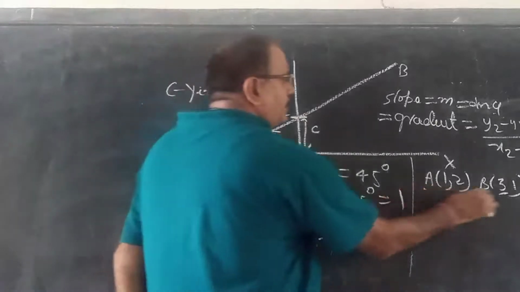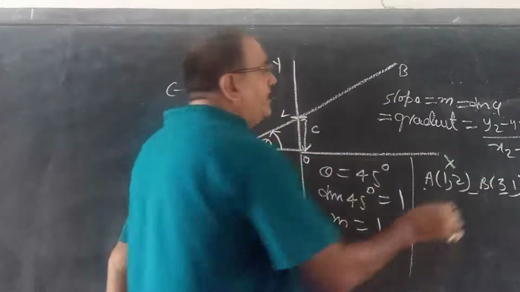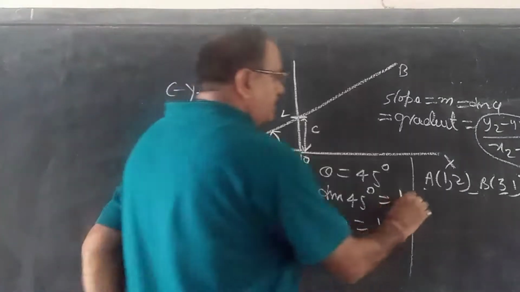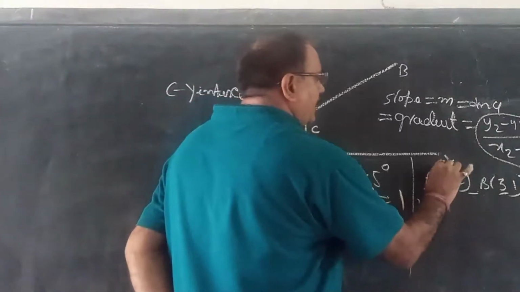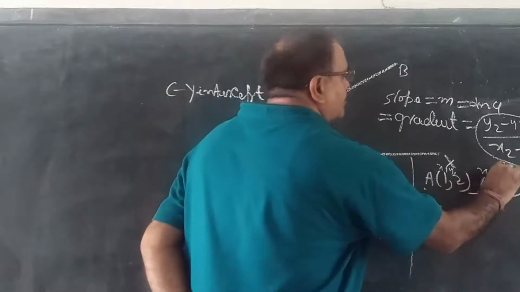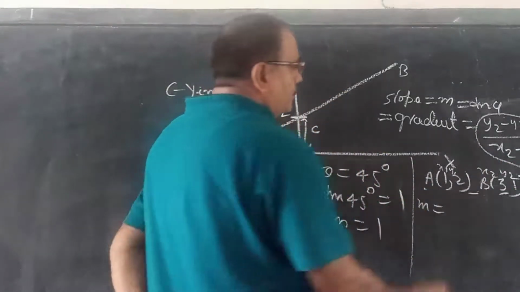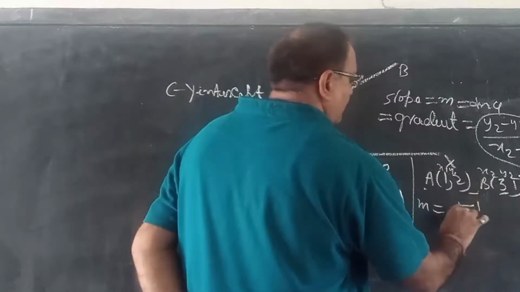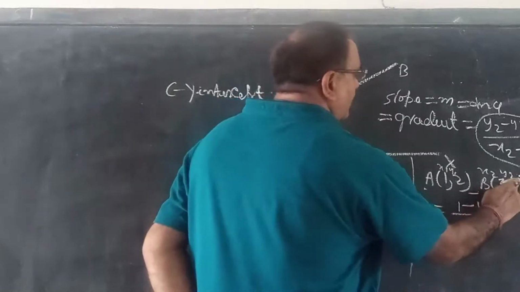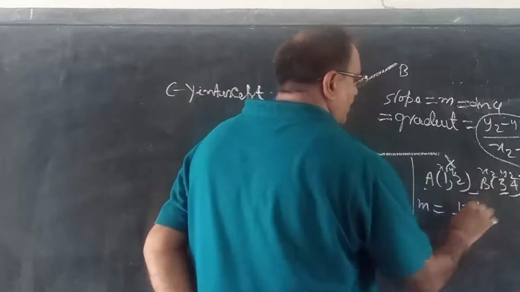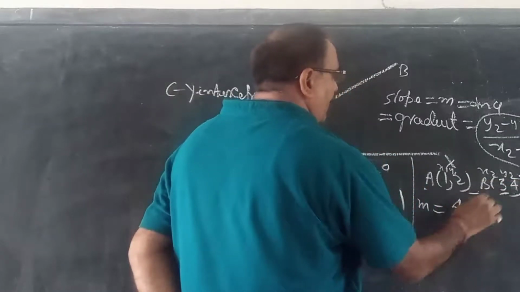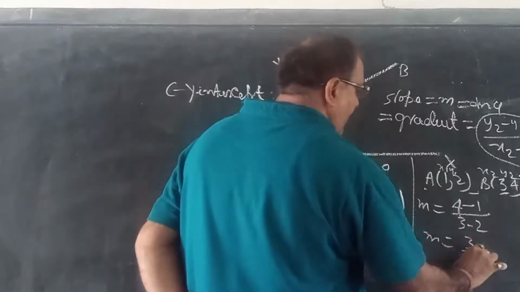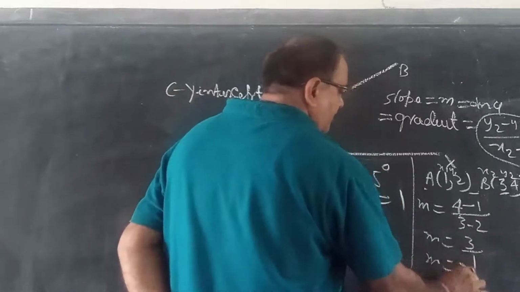So when two coordinates are given, to find the slope m, we will use this form. Suppose anyone x1, y1, anyone x2, y2. Take another value, 4 minus 1 by 3 minus 2. So m is equal to 3 by 1, means slope is 3.